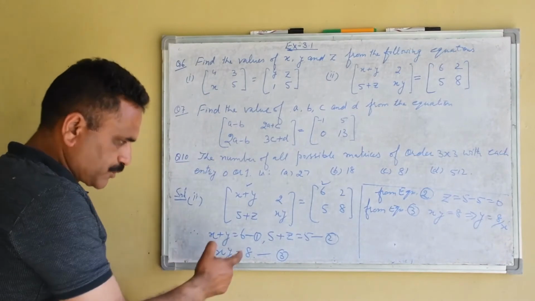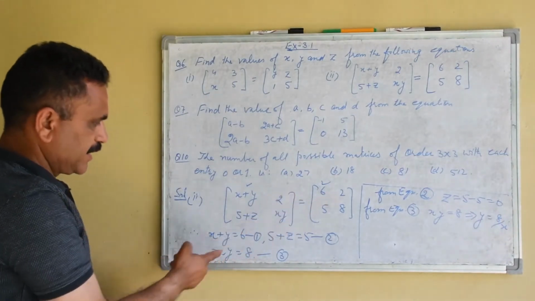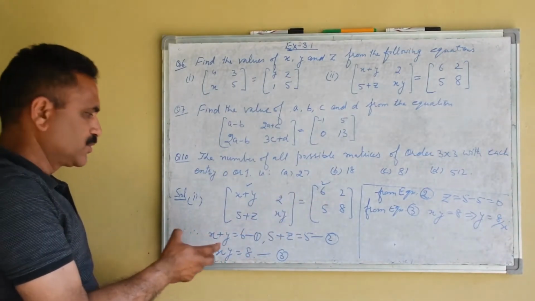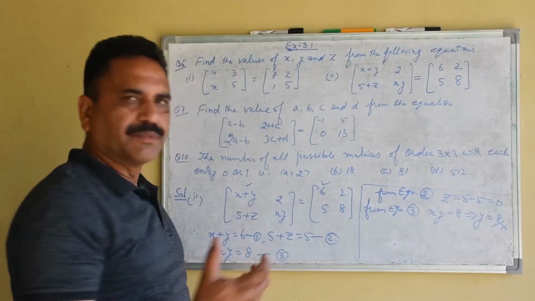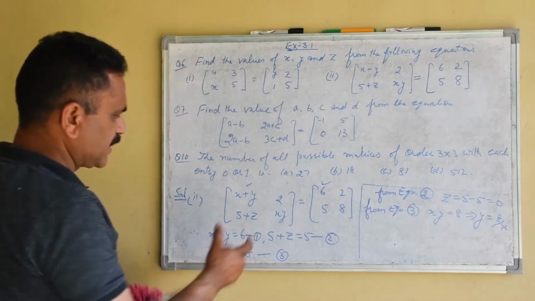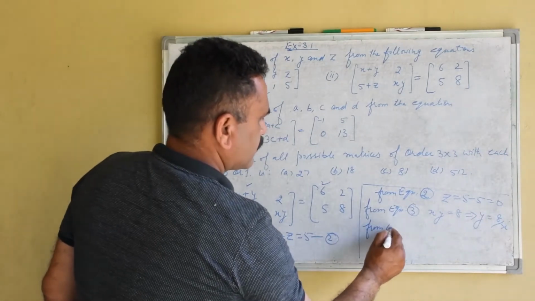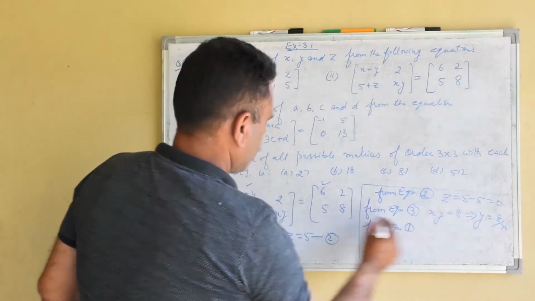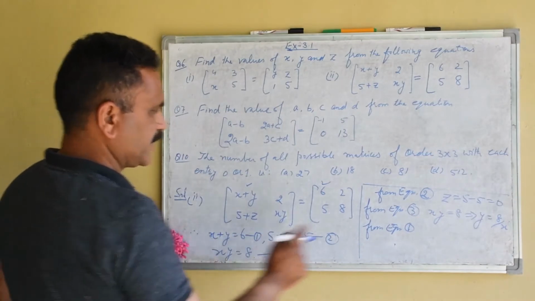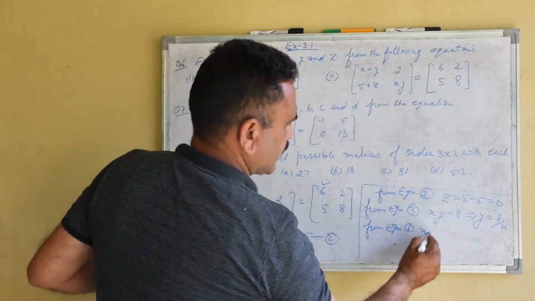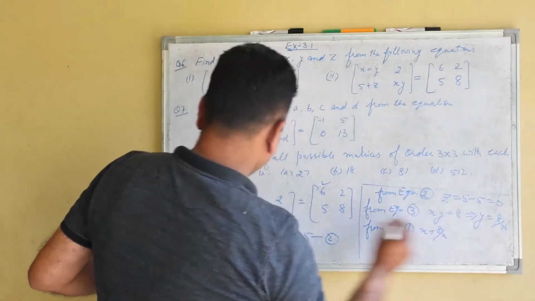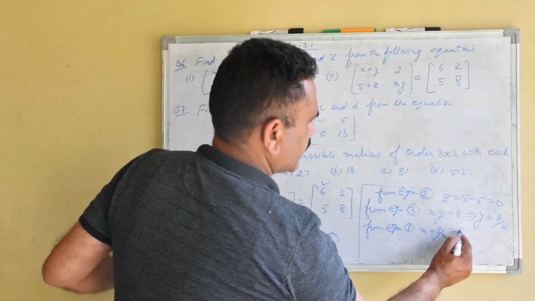Now we will substitute this value of y in equation number 1, because if we have two unknowns, we must have two equations. So we are using 1 and 3. So from equation 1, substitute this value over here. So that is x plus 8 by x is equal to 8.